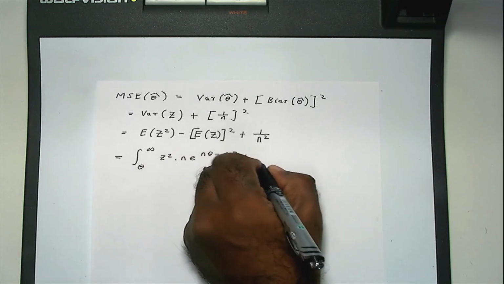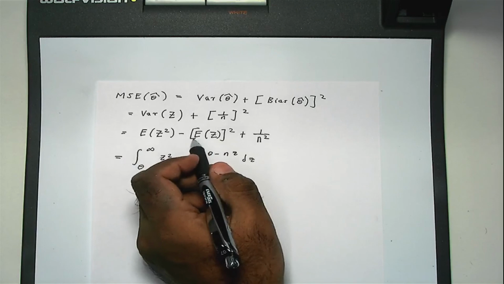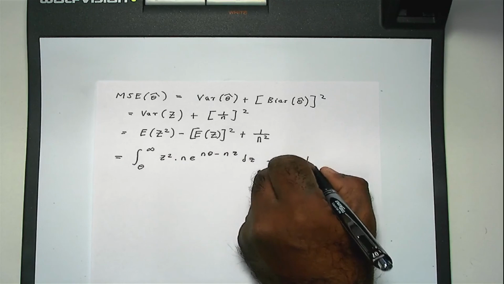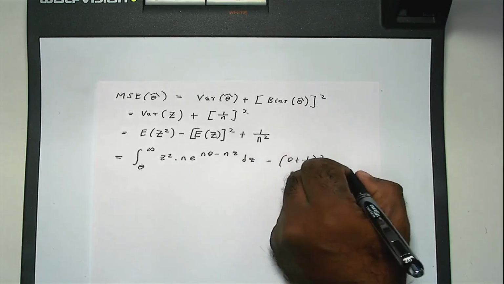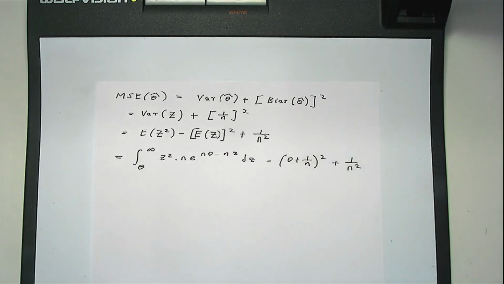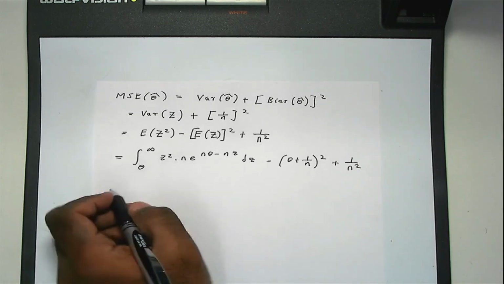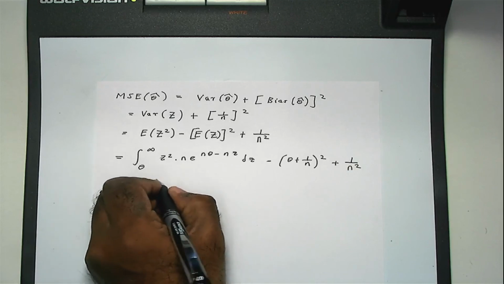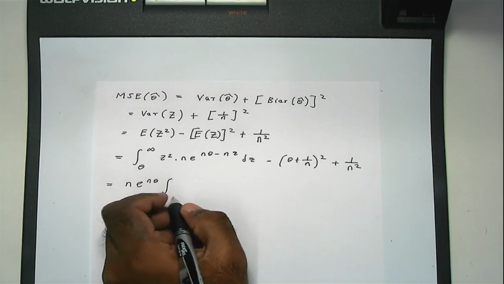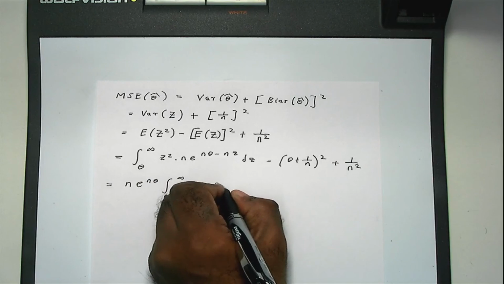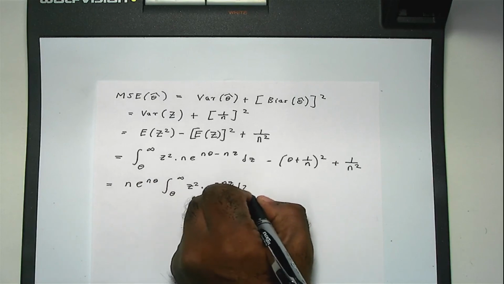And from what we did earlier, the expectation of Z is theta plus 1 over n. Right? Okay, guys. Now I'm going to put the constant outside, so this is going to be n times the integral from theta to infinity of Z squared e to the minus nz dz.